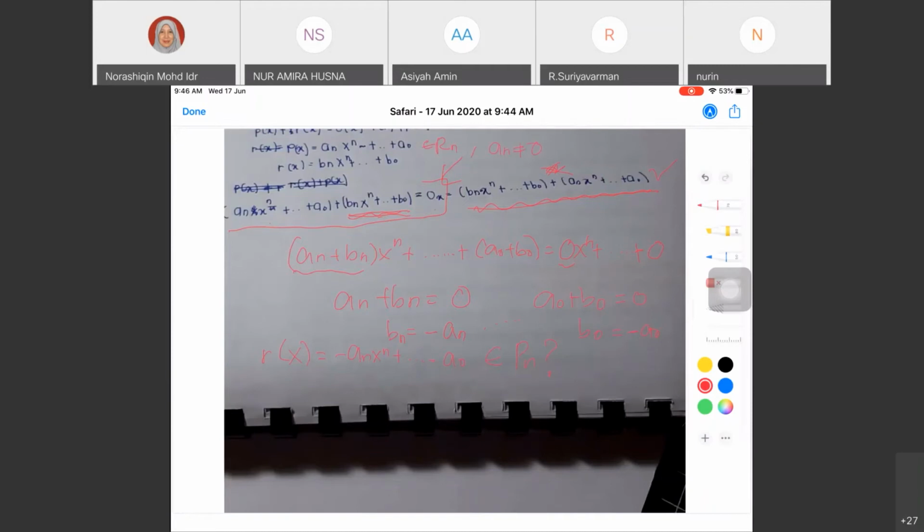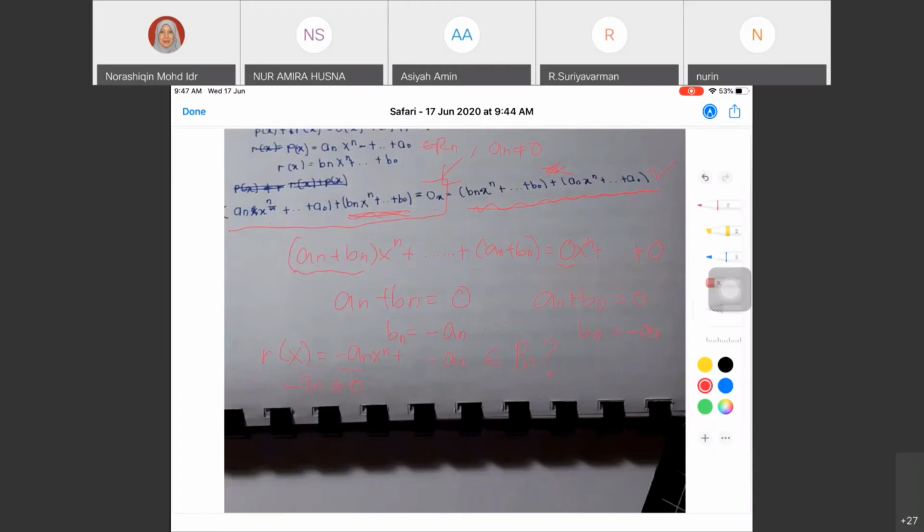If a_n is not 0, what happens to negative a_n? Negative a_n cannot be 0 also. So at least negative a_n is not 0, then R(x) is in Pn, because it has a coefficient of degree n.